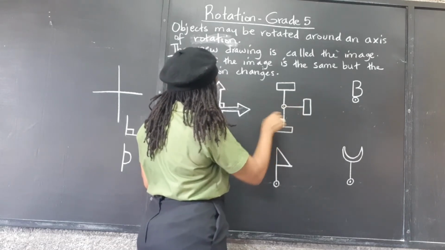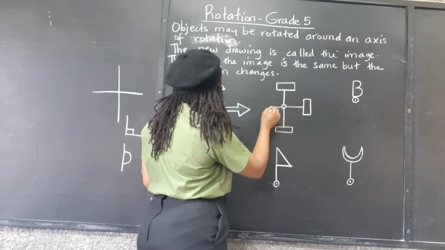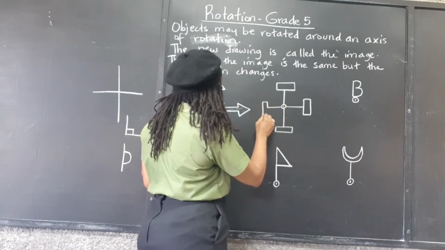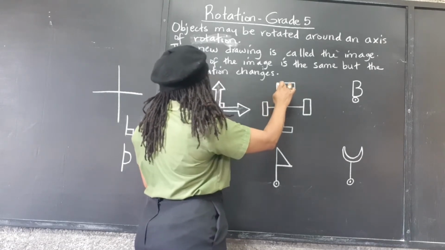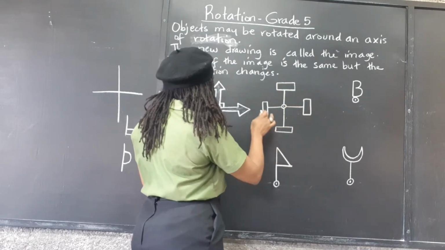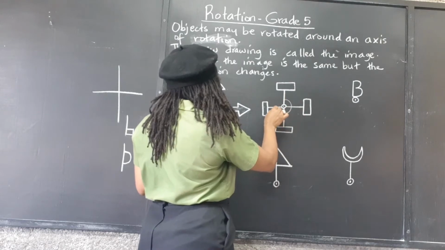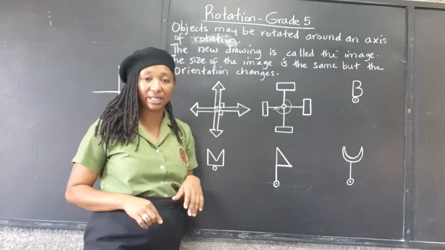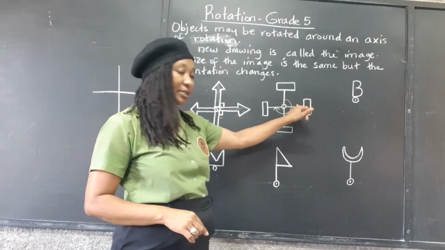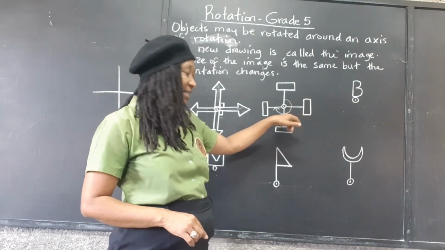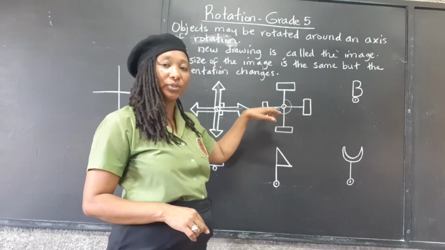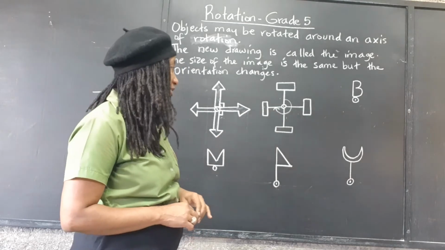This would be a 270 degree rotation clockwise. From here, all the way around to here, that's 270 degrees clockwise. See that? So a 90 degree rotation, a 180 degree rotation, a 270 degree rotation.